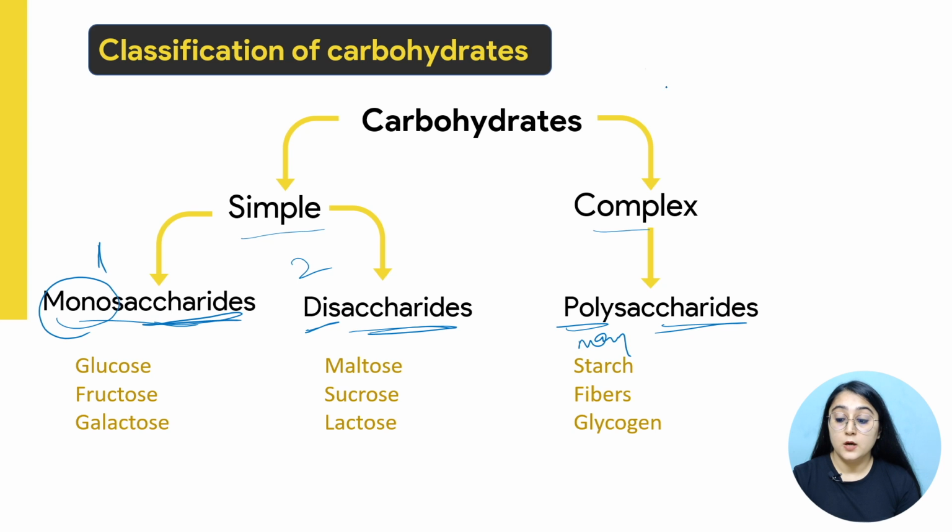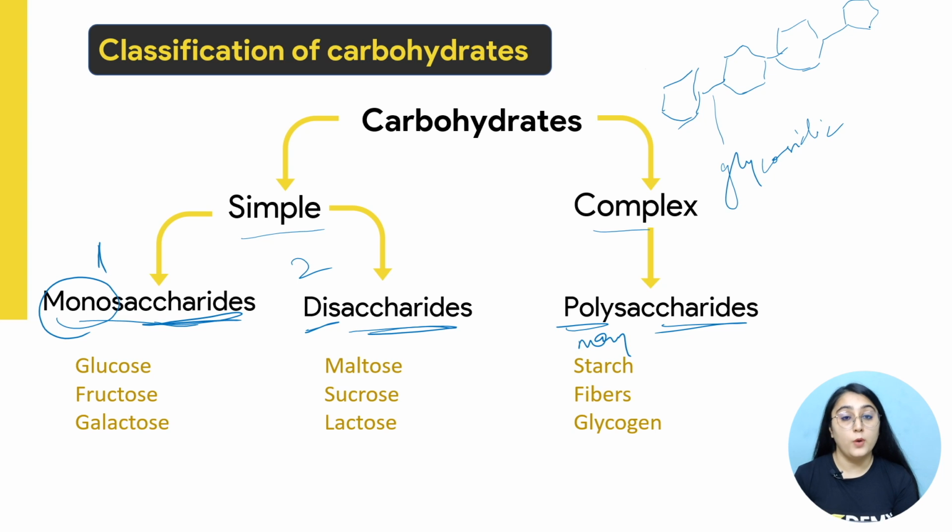Basically, monosaccharides will contain only one sugar unit, whereas a disaccharide will contain two sugar units joined together by a glycosidic bond, and a polysaccharide will contain many sugar units joined together. So many monosaccharides will join together to form polysaccharides.